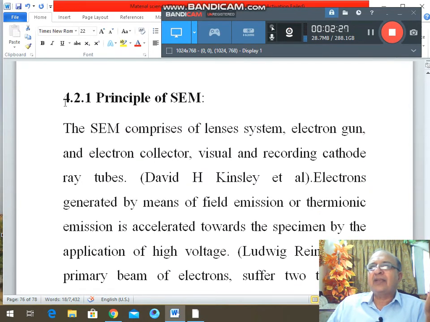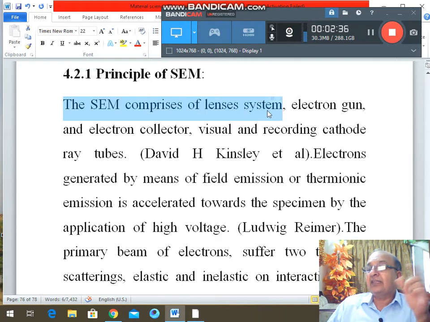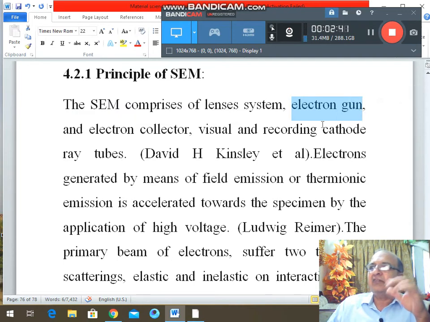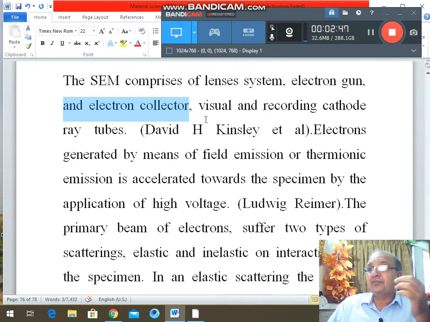Now, coming to the principle which we quickly highlighted. The SEM comprises a lens system, but that is not an optical lens. This is a magnetic lens system, an electron gun which is responsible for generating electrons, and an electron collector, that is, when electrons are released by the sample, they are collected by a detector called the electron collector.